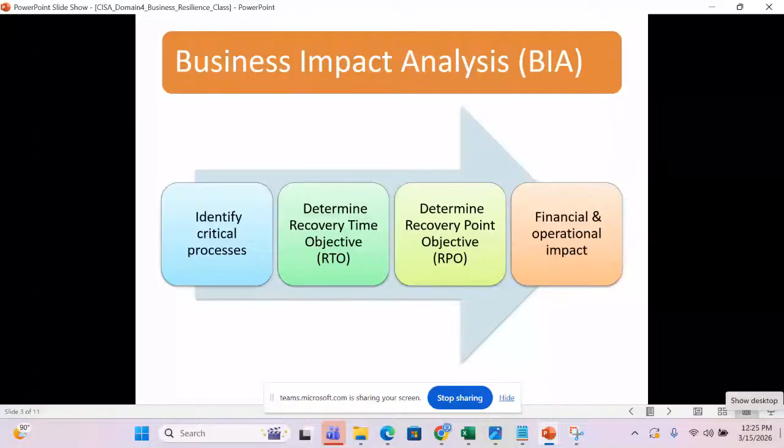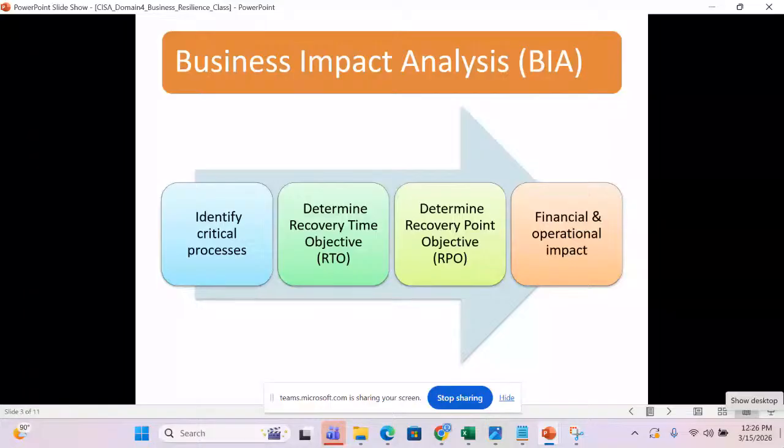So for determining your recovery time objective, first let's even say what a recovery time objective is. A recovery time objective is the minimum downtime that you can have as a business.